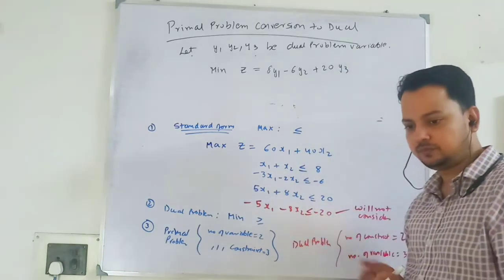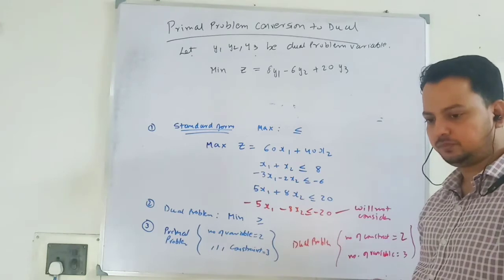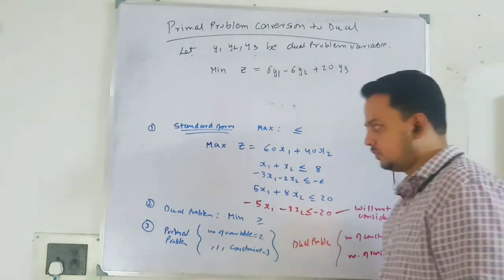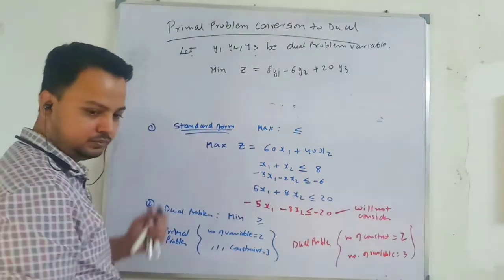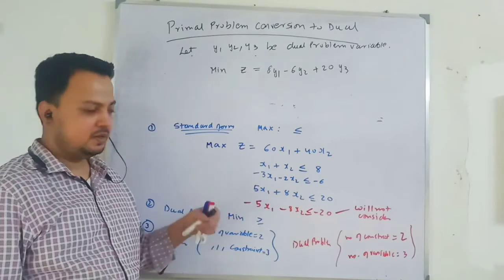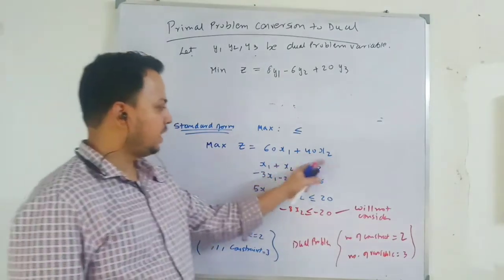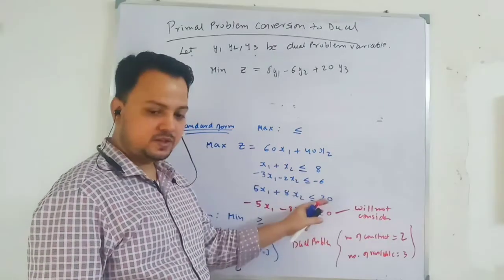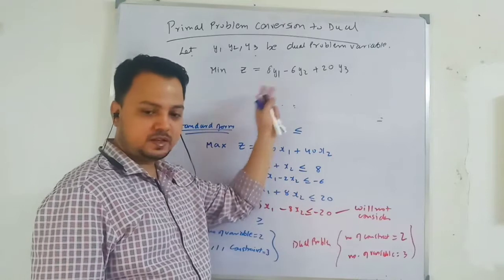Okay? Any questions, everyone? Look at the point number 4. Cost coefficient in the objective function becomes right hand side of the constant function, and whatever you have in the right hand side of the constant function will become cost coefficient in your objective function in the dual problem.